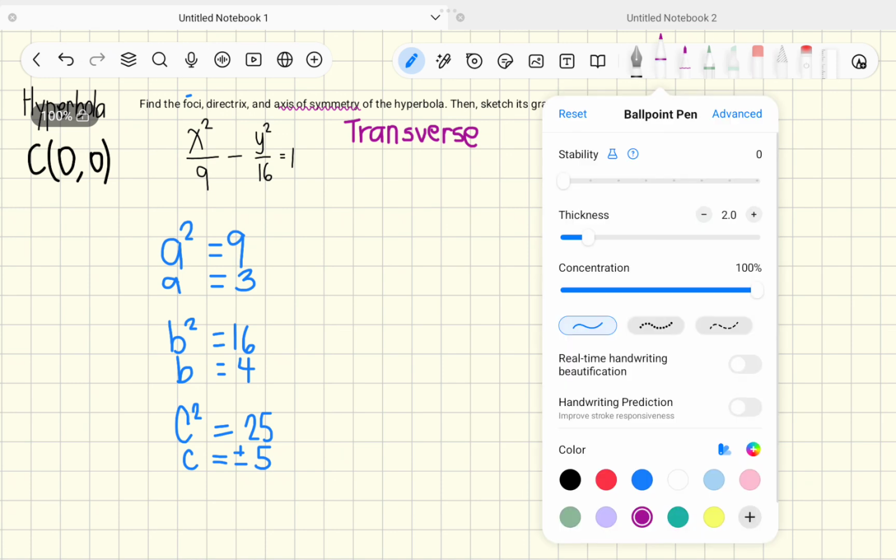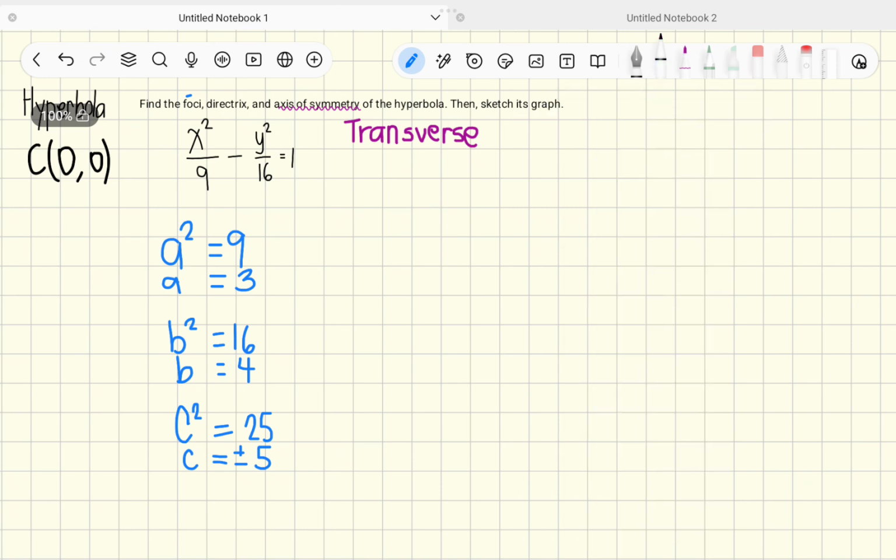So if we're to sketch the hyperbola, looking at your equation, will it be a horizontal or a vertical hyperbola? It will be a horizontal hyperbola because of the positive x, so your hyperbola will be facing left and right. Where is the center? The center is at the origin.